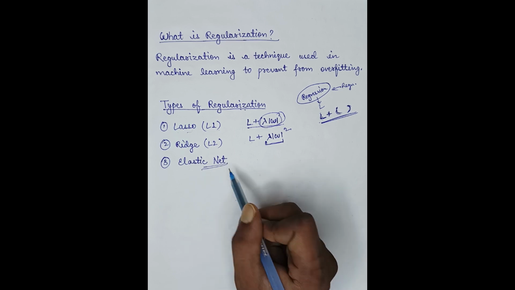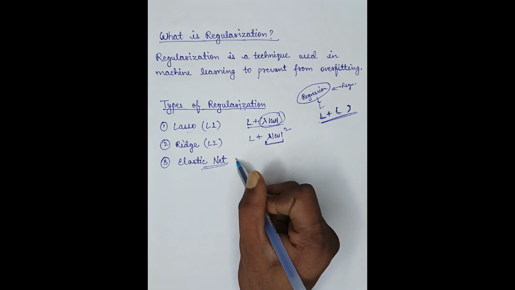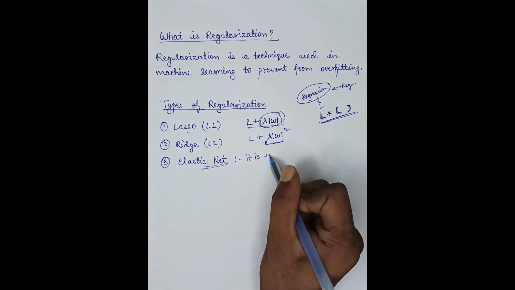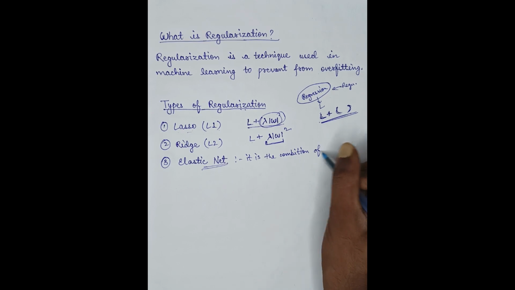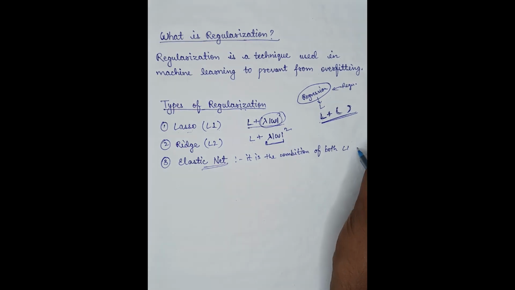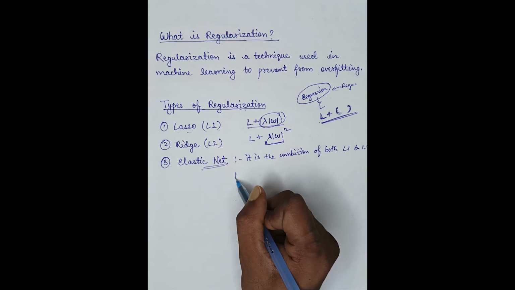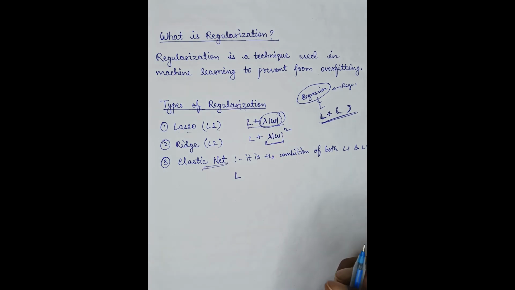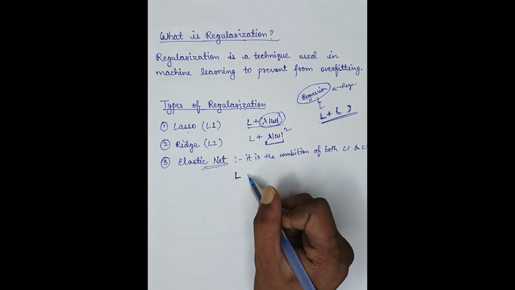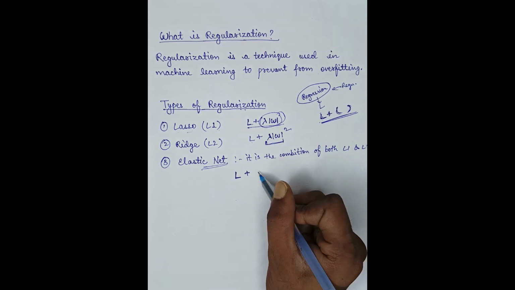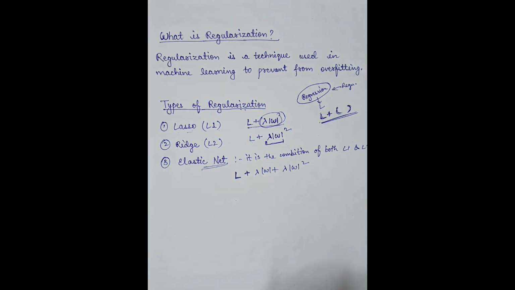Now, elastic net is a combination of both L1 and L2. Suppose we have one model and it is overfit. When we use elastic net on that model, we add both the L1 and L2 terms.